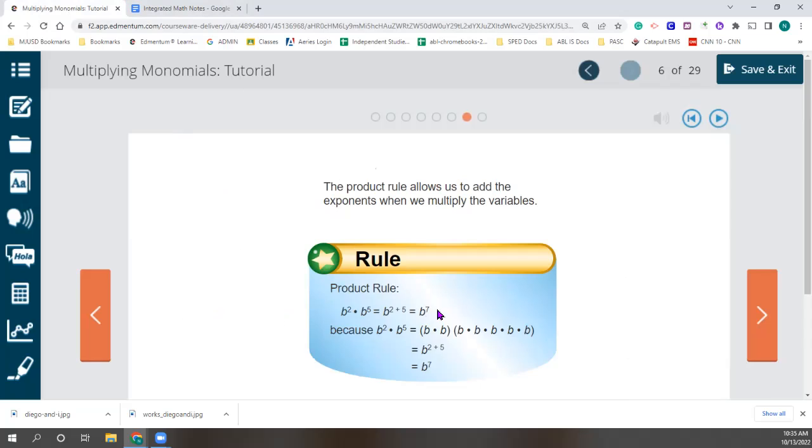I'm going to copy this. This isn't supposed to be the difficult part of this process.